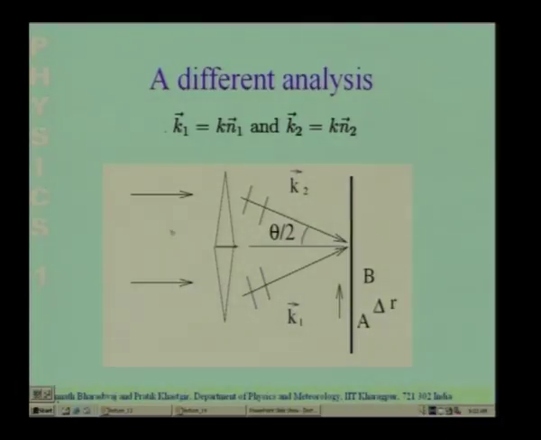So, when this plane wave passes through the biprism, the upper prism produces a wave which is travelling downwards along with the wave vector k2. The lower prism produces a wave which is travelling upwards with a wave vector k1.